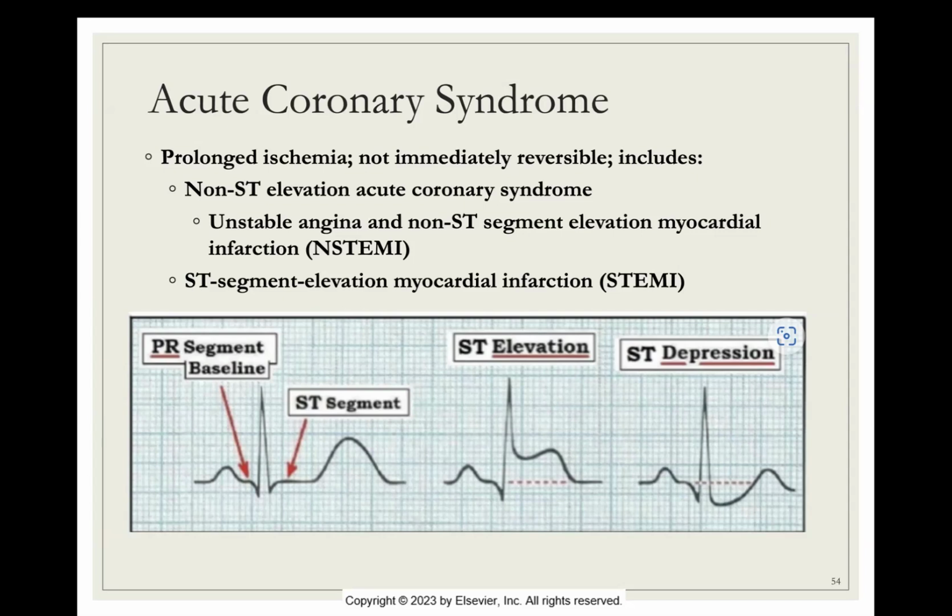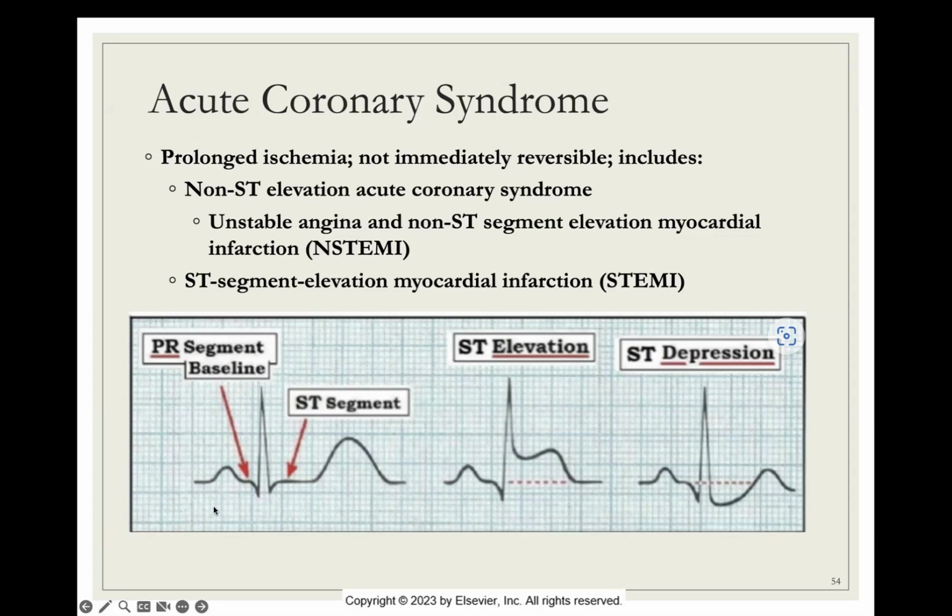That is a STEMI, which is an ST elevation myocardial infarction, and a non-ST segment myocardial infarction, also called an NSTEMI or non-STEMI. Okay, so the whole purpose of this lecture is we're going to differentiate amongst those three things: what they are, what does it mean, how do we treat it, what are the nursing implications of those things, okay? So we're going to look down here at these EKG complexes, okay?